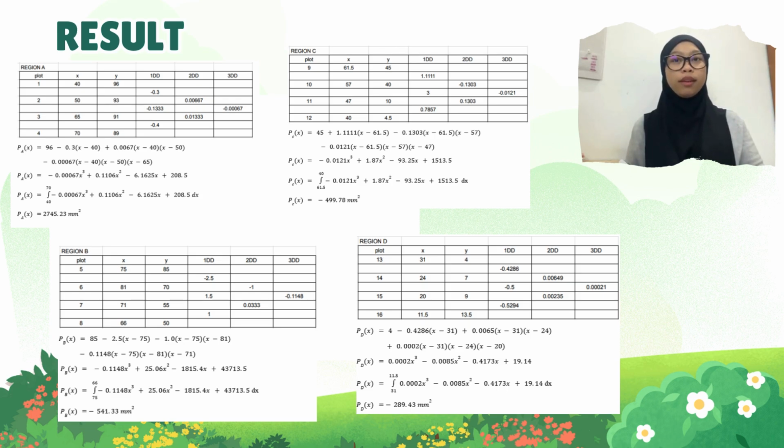After successfully deriving the polynomial equations for all 6 regions of the lake, we proceeded to the calculation phase using definite integration. If you look at the table on the slide, you will notice that the integration result for each specific region is interesting. We have regions B, C, and D yield negative area values.